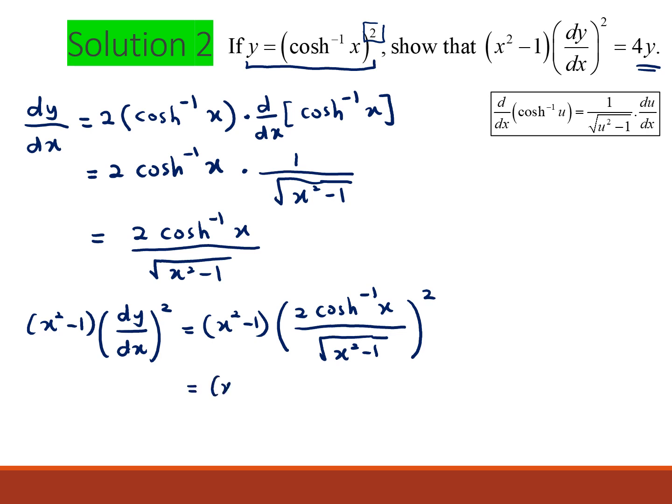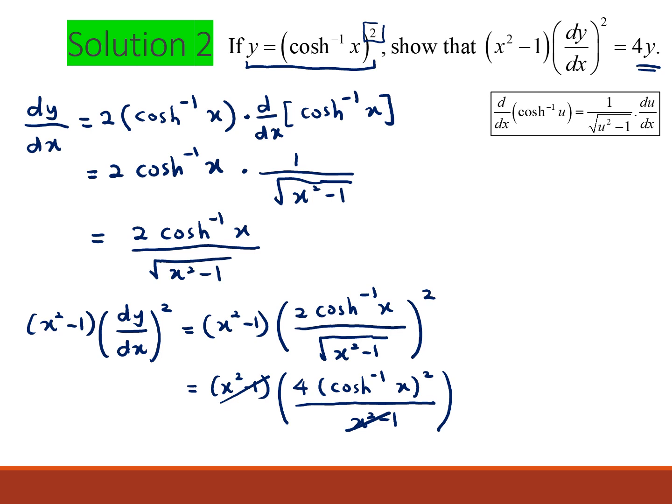Okay, then we have x squared minus 1. So all this will be squared. So we have 4 times inverse cos hyperbolic of x squared over, the denominator also will be squared. So the square root of x squared minus 1 squared will be x squared minus 1. So x squared minus 1 divided by x squared minus 1 will be 1.